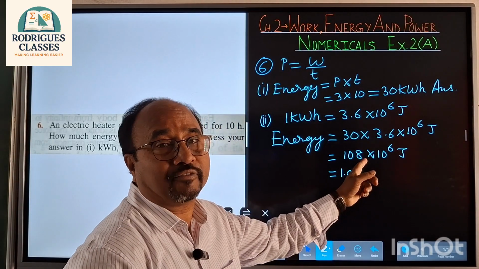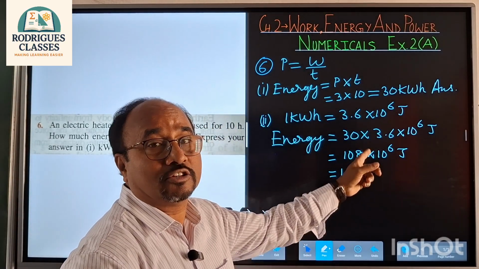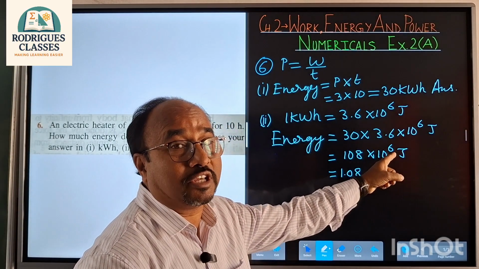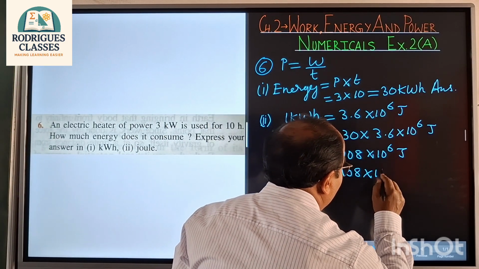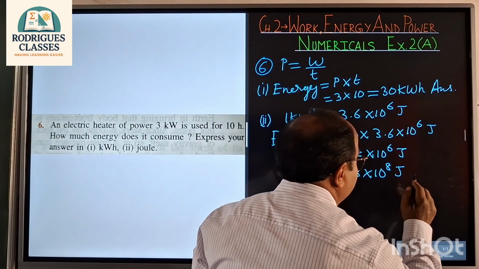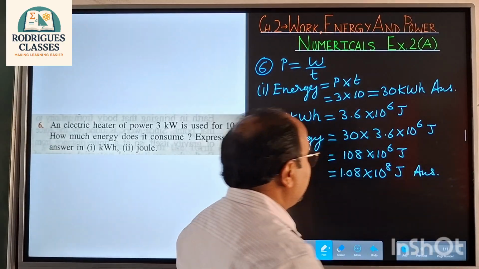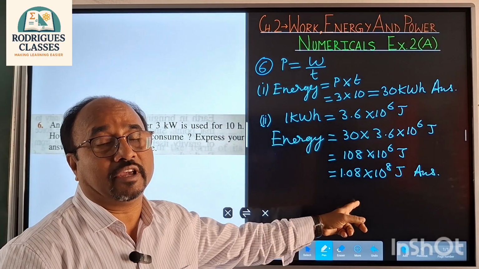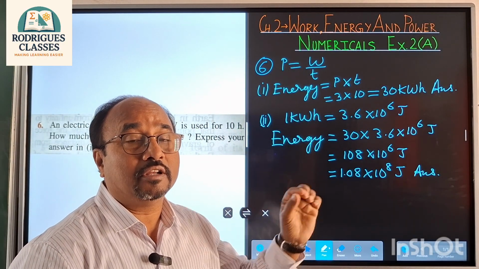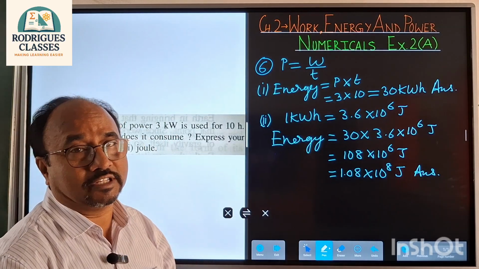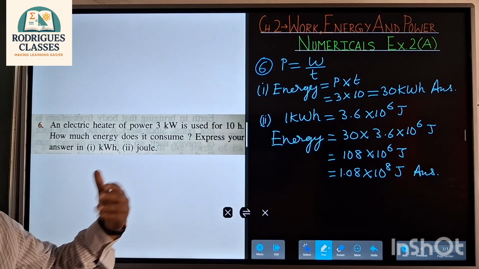Now the decimal has been shifted 2 places, so you need to increase the power by 2. So it will become 1.08 into 10 to the power 8 joule. This is your second answer. Remember to write it in this way if you are writing in scientific notation. So this numerical is solved here.